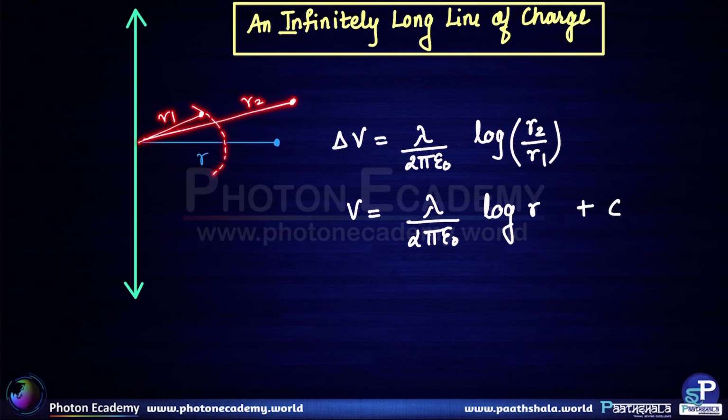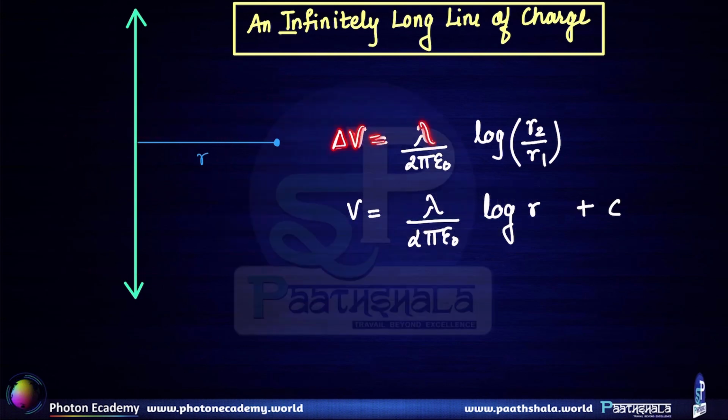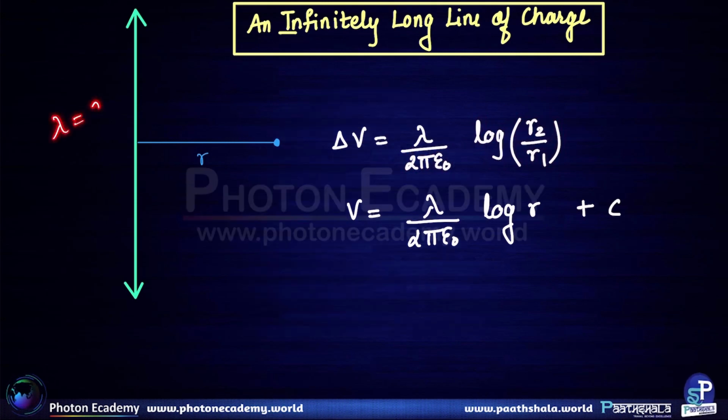So r1 forms a circle of radius r1 along this line and r2 can form a circle of radius r2 along this line. So ΔV between these two points is λ, which is the linear charge density of this line, λ/(2πε₀) log(r2/r1). Here we can clearly see that λ can be written as q divided by L.